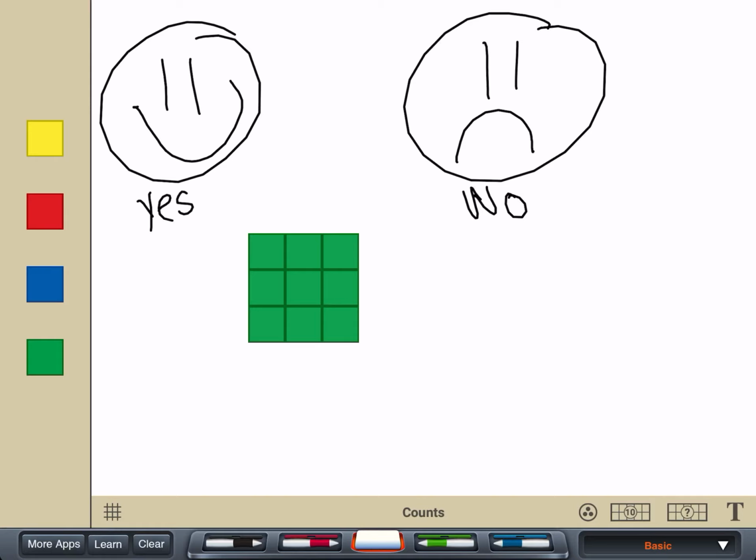All right, let's try a different one. All right, is this a perfect square?